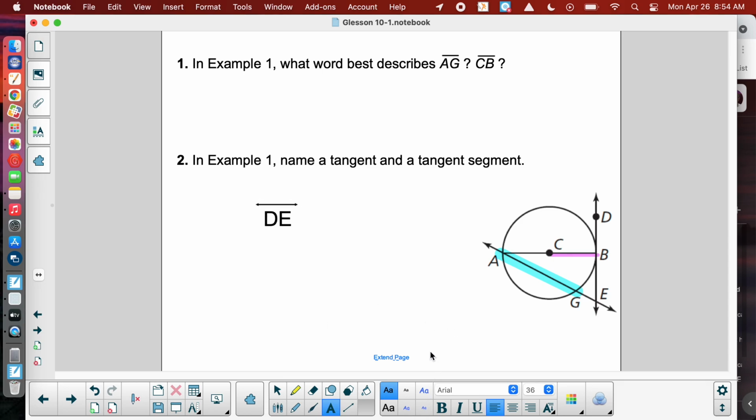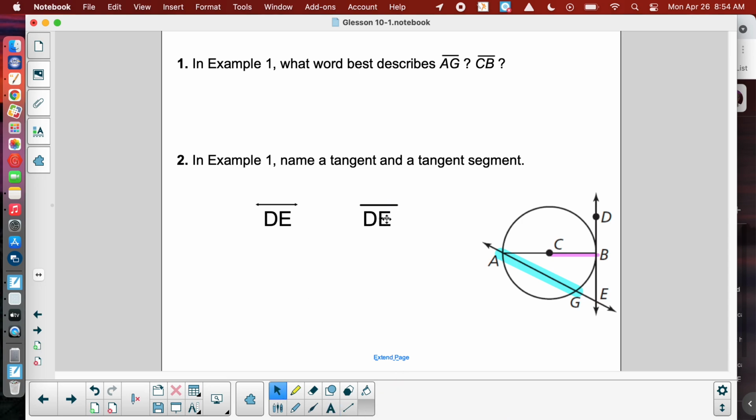A tangent segment, again, this is going right back to chapter 1, isn't it? Using the correct symbols. Naming a tangent segment would be the same thing, DE, but with the segment symbol. So just watching those symbols again, it's going to make a difference. So be aware of what's what.